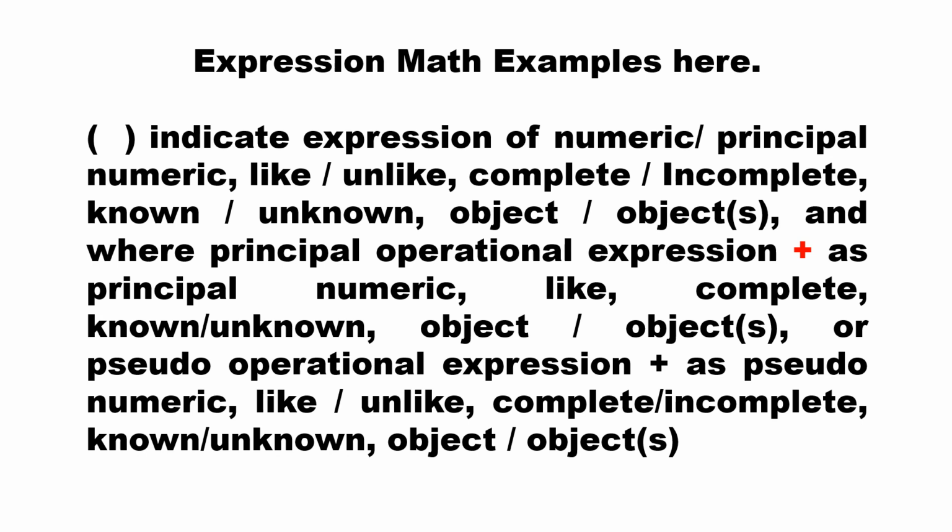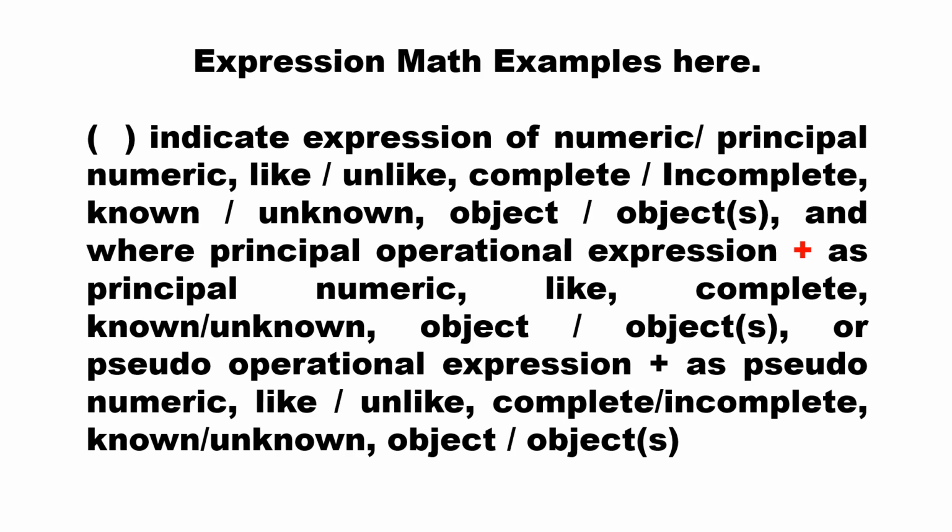Some more expression math examples are here. Now, I indicate in this presentation the use of parentheses to denote various kinds of expression. And I'm going to go through the different variations that I imply when I use these parentheses.